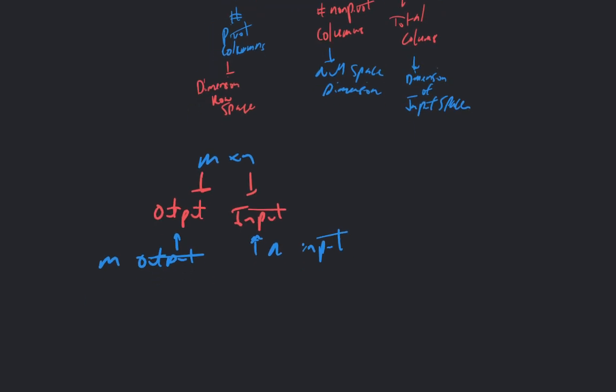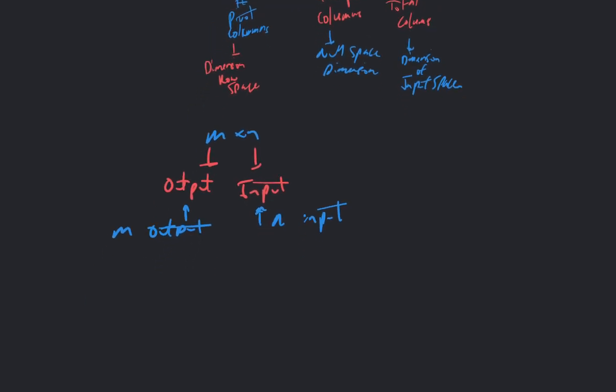For example, if we had a 3x2 matrix, this has 2 columns and 3 rows.